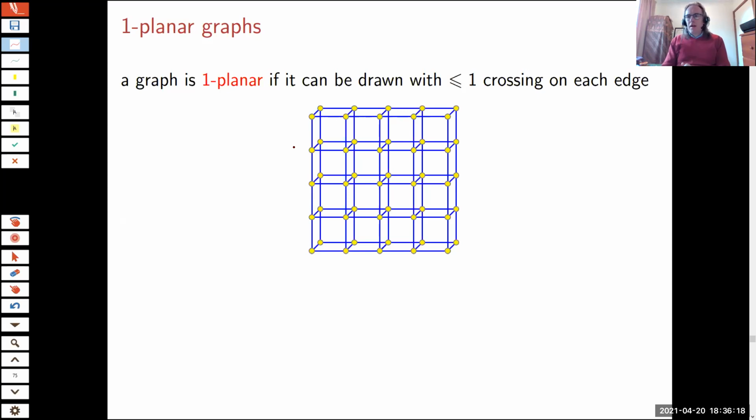Now this graph can contain arbitrarily large complete graph minors. If you think about it, if you contract the ith row at the front and then the ith column at the back into a single vertex, and you do that for i from 1 to n, you're going to get a complete graph minor. So these graphs can contain arbitrarily large complete graph minors, but they still have a nice structure.